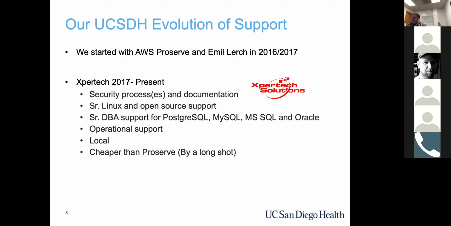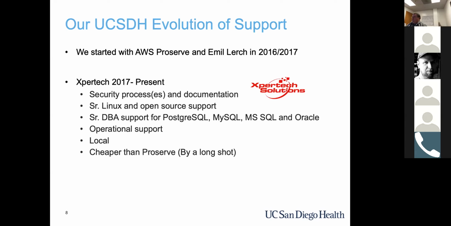We are not, in terms of information services, a strong Linux or open source support group. So it was critical that we brought on somebody or a group that not only could help provide some of that support, but also was familiar with security process and documentation. And that's where Expertech came in.